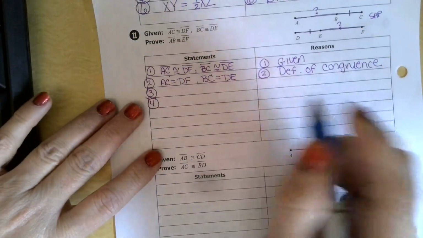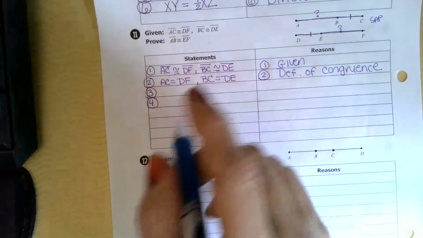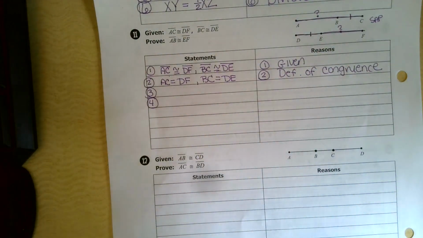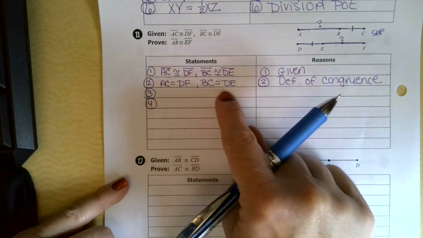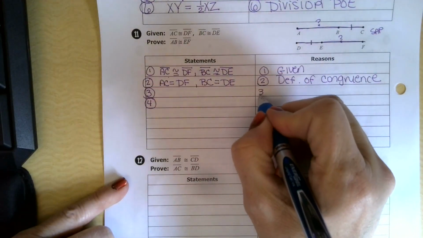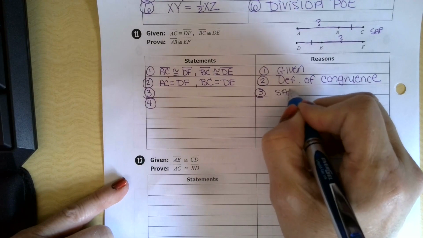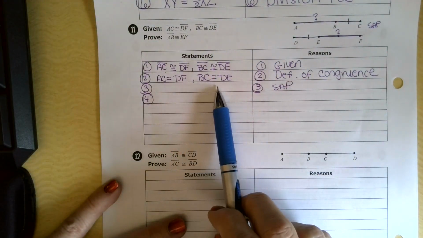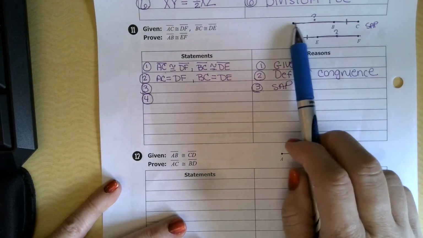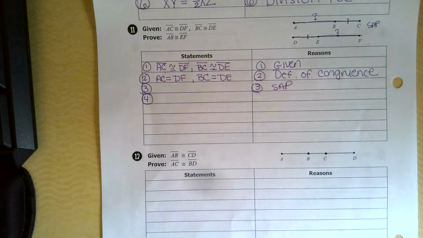So my question for you that I'm going to grade you on is for this statement right here, what would you write here if my reason is SAP? Again, what would you write here if I'm using this segment addition postulate?